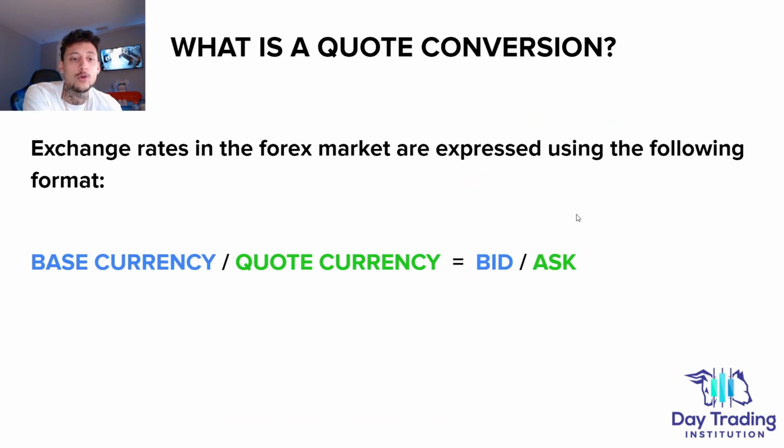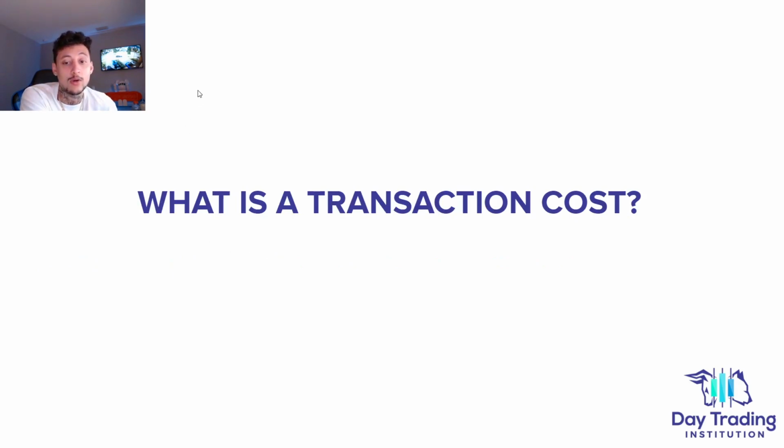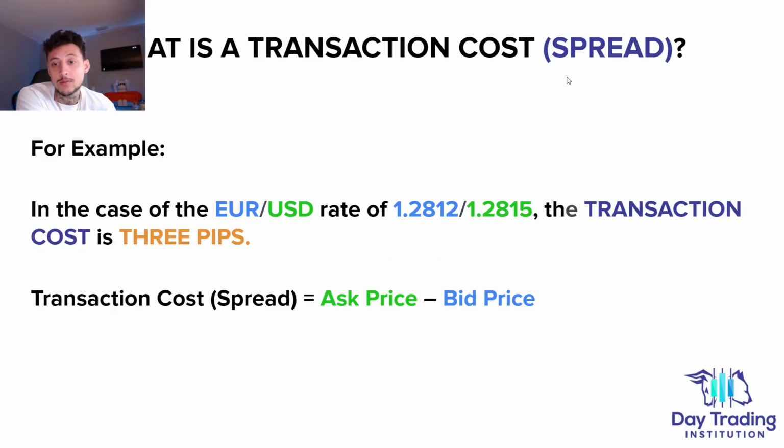Now, what is a quote conversion? The exchange rates in the forex market are expressed using the following format: base currency, quote currency, and then the bid and ask price. Now, what is a transaction cost, right? This is going to be the spread. This is where the broker makes their money again.